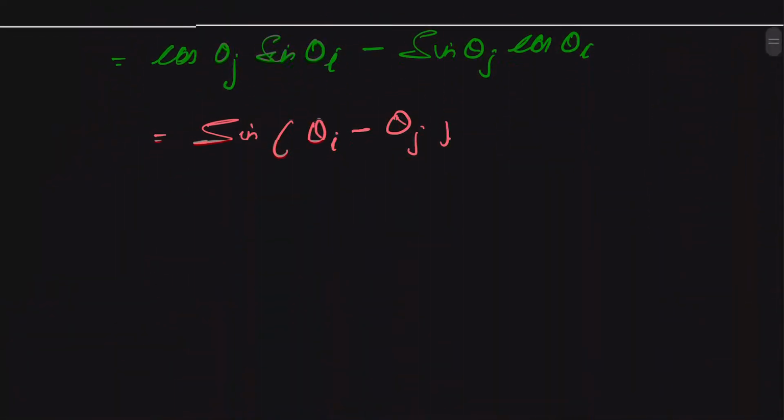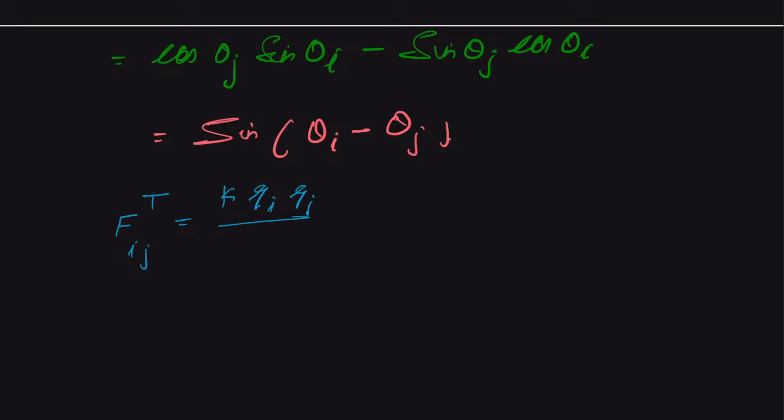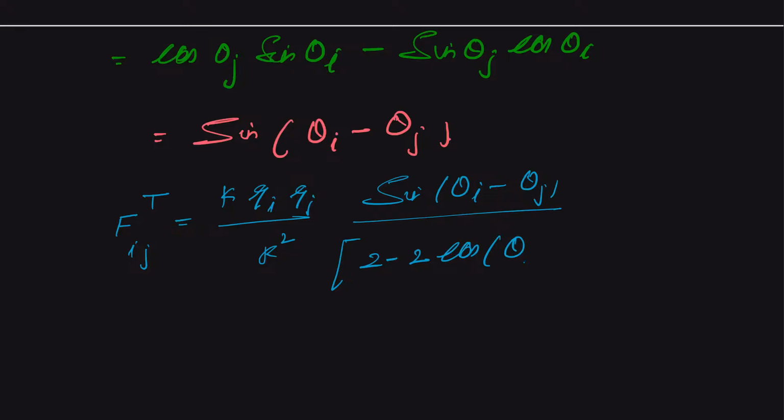We can write that the tangential force will be equal to k qi qj upon r square times sine of theta i minus theta j, divided by 2 minus 2 cos of theta i minus theta j whole raised to 3 by 2.